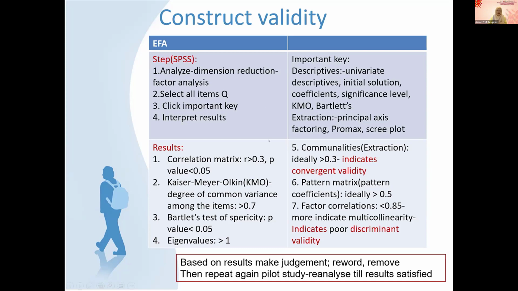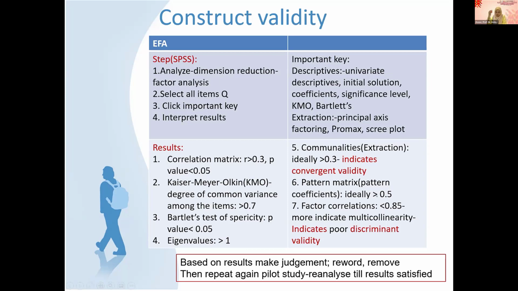So when you see the result of EFA, the correlation matrix is supposed to be more than 0.3 with a p-value less than 0.05, and KMO the best is more than 0.7, but some previous papers say it can be more than 0.6. But the p-value must be less than 0.01 and the eigenvalue more than 1.